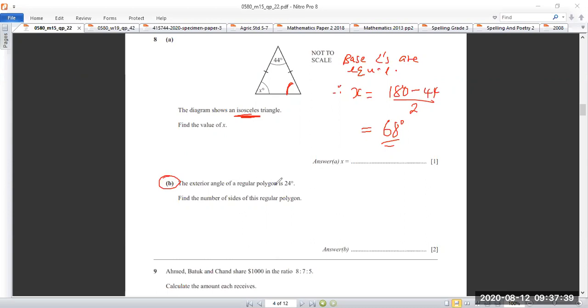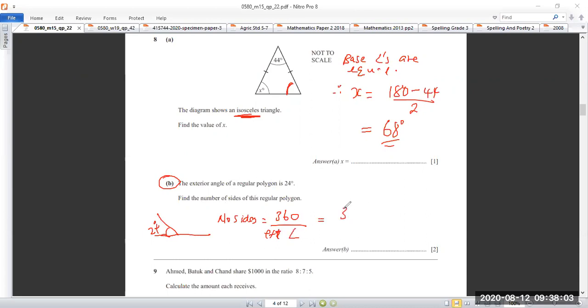Then let's look at the exterior angle of a polygon. If it was a polygon, something like this, the exterior angle here is 24. Find the number of sides of that polygon. Now we know the number of sides equals 360 over the exterior angle.